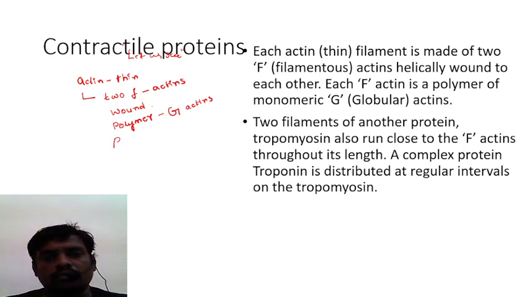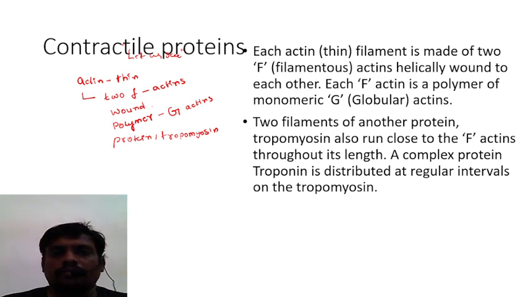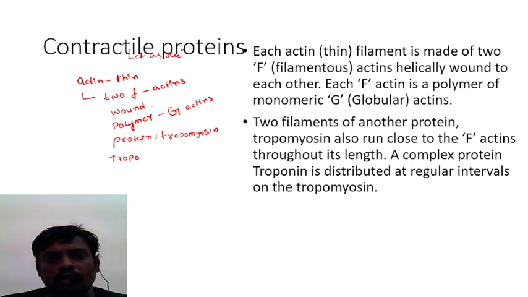Now, two filaments of another protein, tropomyosin. Tropomyosin generally runs parallel to the actin throughout its length. A complex protein, troponin, is distributed at regular intervals on the surface of tropomyosin.